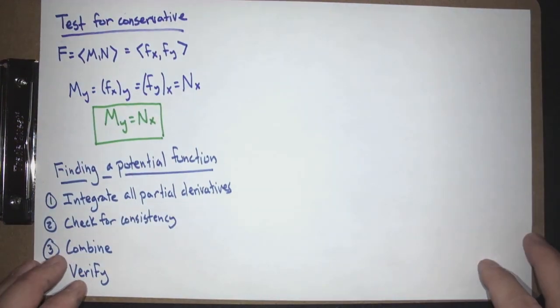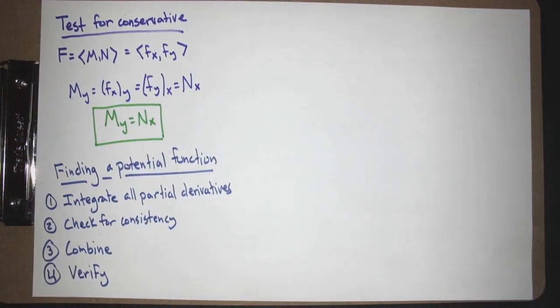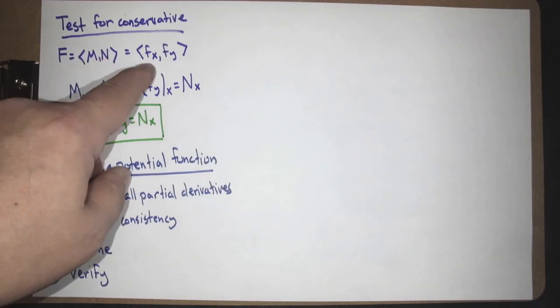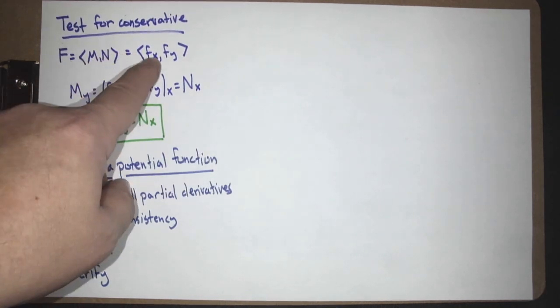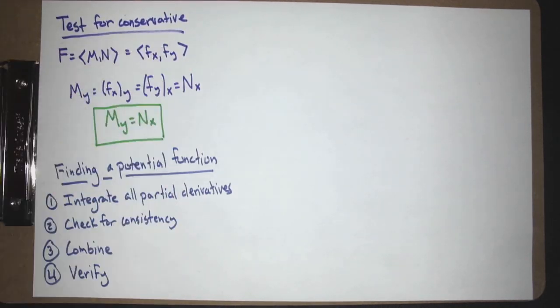So, how do you test if something's conservative? We've been making these, saying we can find things which are conservative. And essentially think of, okay, if I am conservative, I'm a collection of partial derivatives. The first entry is the derivative with respect to x, the second entry is the derivative with respect to y. Let's go deeper down the rabbit hole.